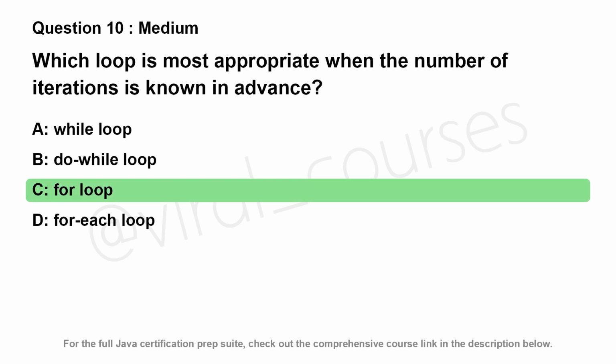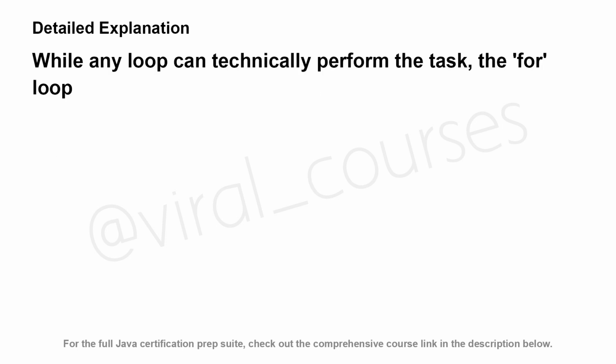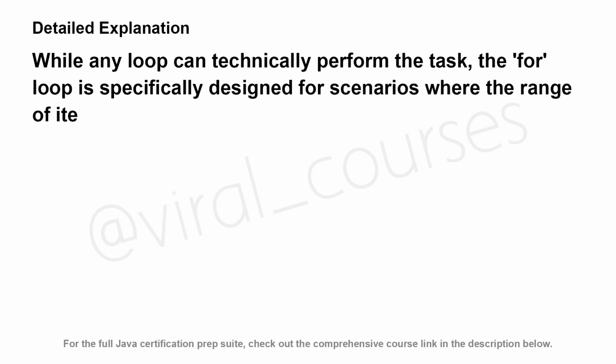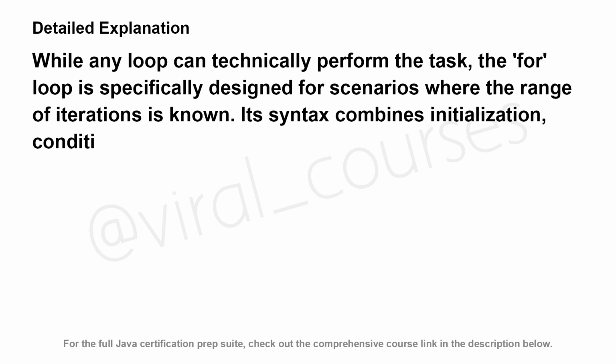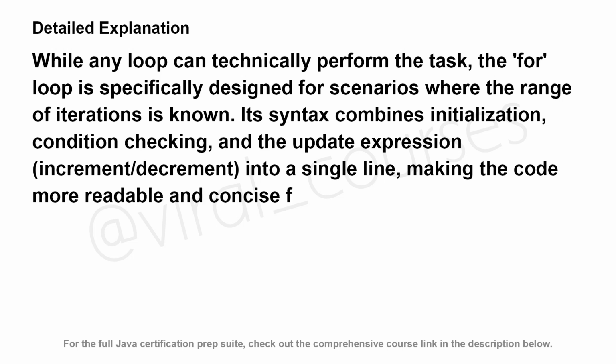The correct answer is C. While any loop can technically perform the task, the for loop is specifically designed for scenarios where the range of iterations is known. Its syntax combines initialization, condition checking, and the update expression, increment or decrement, into a single line, making the code more readable and concise for counter-based iterations.